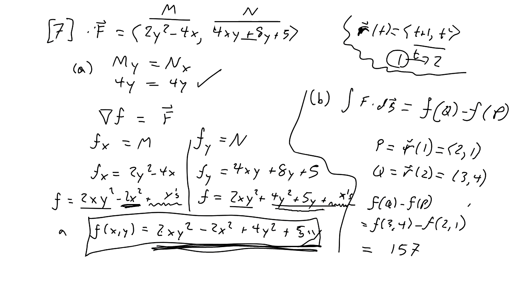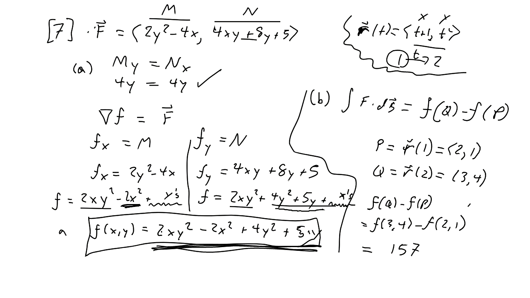Well, remember that your parameterization is giving you a curve in the plane where the x coordinate of a point on the curve is given by t plus 1, and the y coordinate is given by this. So it wouldn't make sense to plug in the 1 or the 2 for x and y, because this is a t value. This is a time. It's not a point in the plane. And this function is evaluated at points in the plane.